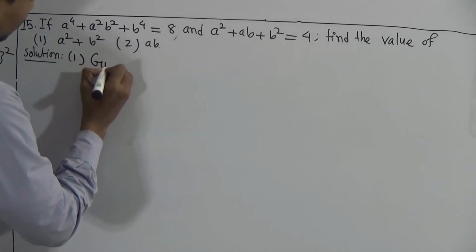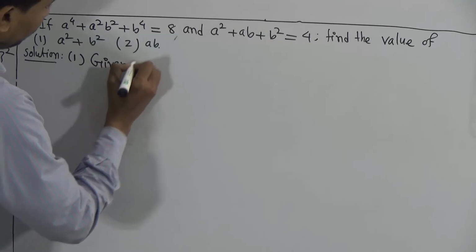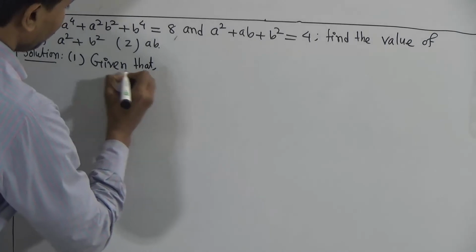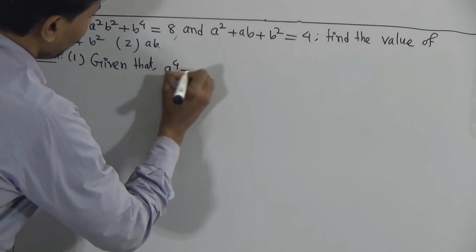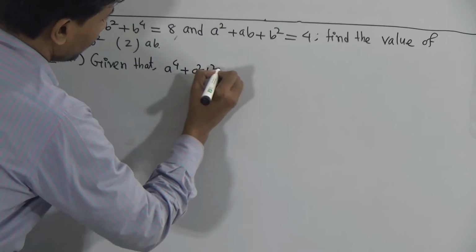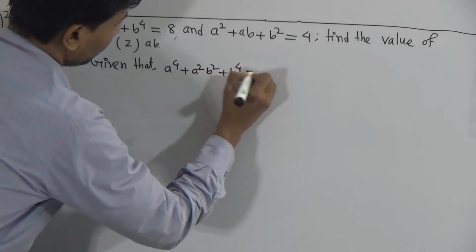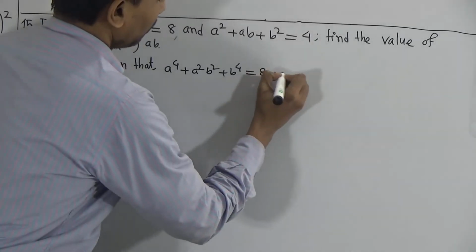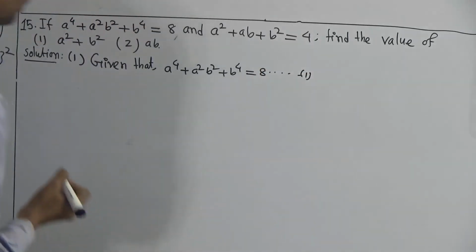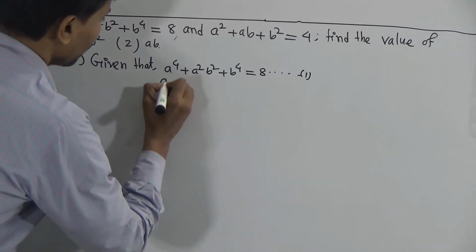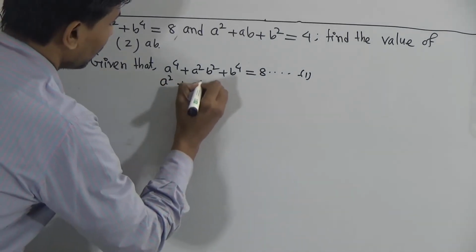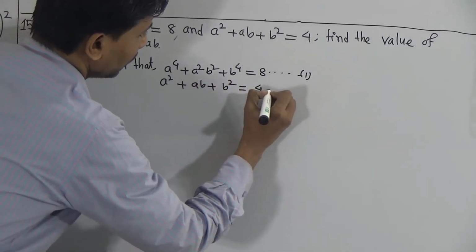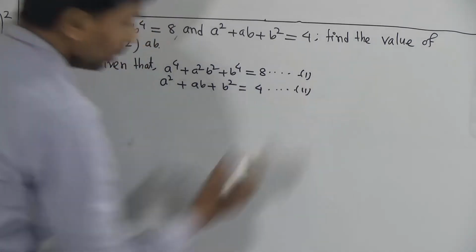Given that a power 4 plus a square b square plus b power 4 equals 8. Suppose this is equation number 1. Now a square plus ab plus b square equals 4. This is equation 2.